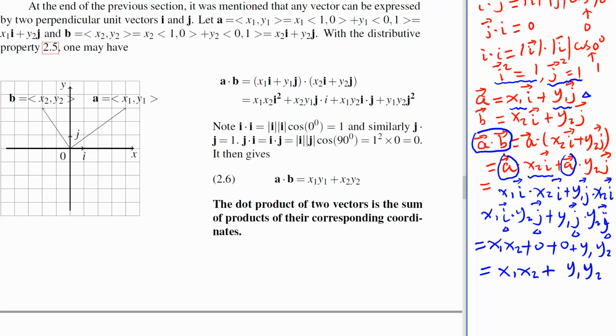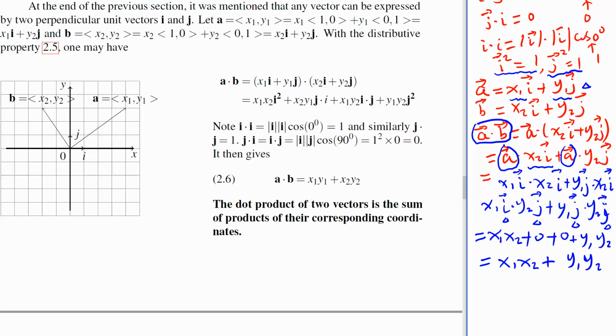But actually, the dot product is convenient to find out the angles in between two vectors. You see, here we have length A times length B will be the dot product of vectors A and B. That's previously defined.